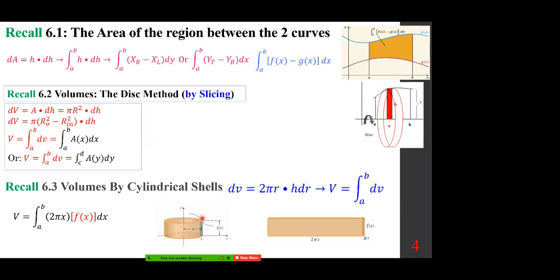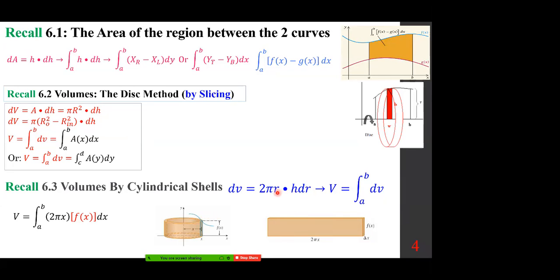That is simply 2 pi r times h. If you multiply by its thickness, which is either dx or dy, which I'm going to call dr because it goes back to r, then you have the method of shells.